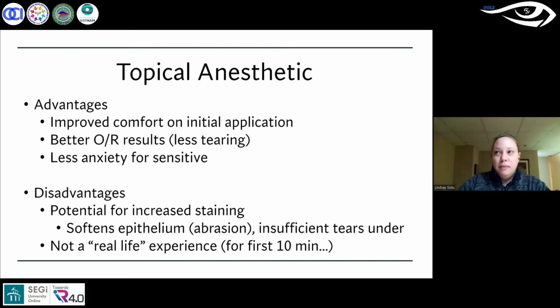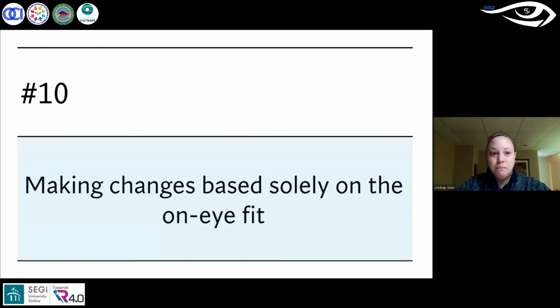My thought on that is after 10 minutes, the topical anesthetic has really worn off anyway. If you keep them on for longer than 10 minutes, that patient is going to start to experience what they're actually going to feel. And if your application and removal training takes any longer than 10 minutes, which it usually does in these cases, they'll get a sense of how it's going to feel when they take the lenses home.